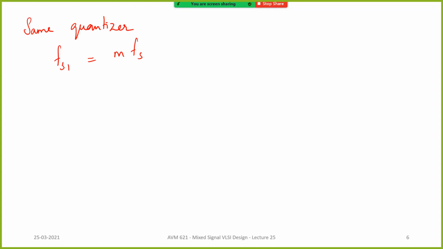The bandwidth of the input signal is the same. Let's say it is Fs by 2. But instead of sampling it at Fs, I'm going to sample it at some m times Fs. Okay.